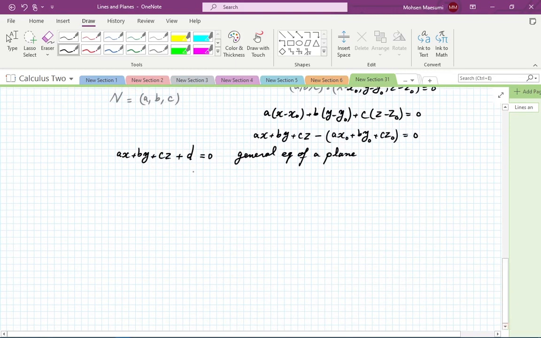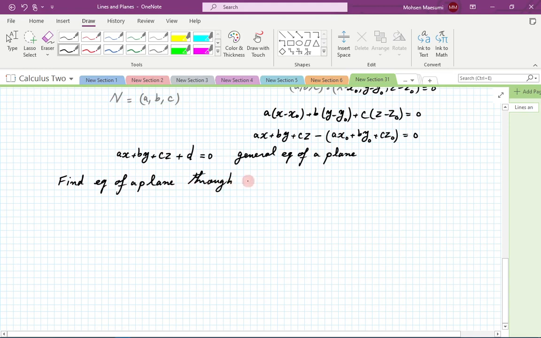Let's go ahead and practice. Find the equation of a plane. So this is a simple example. In the homeworks, you're going to be asked some variations of this. You have to think a little bit about extracting what you need. Extracting what you need typically means finding a point that the plane goes through.